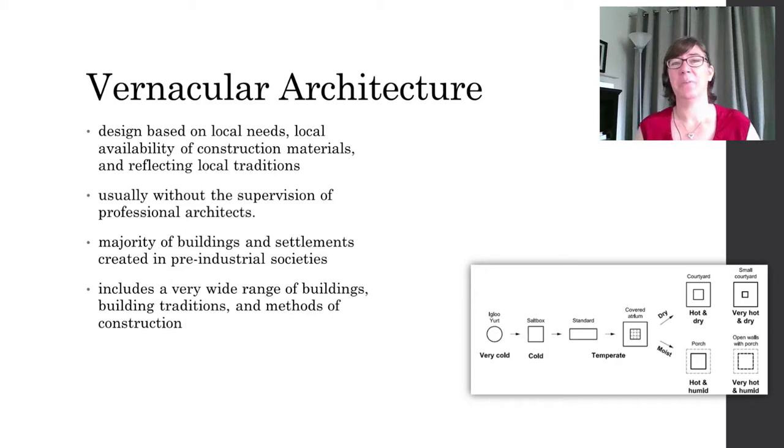All right, so no professionals involved. And therefore, it involves a very wide range of buildings, building types, building traditions, and different kinds of construction. Let's take a look at a couple of examples of vernacular architecture and the different building forms.